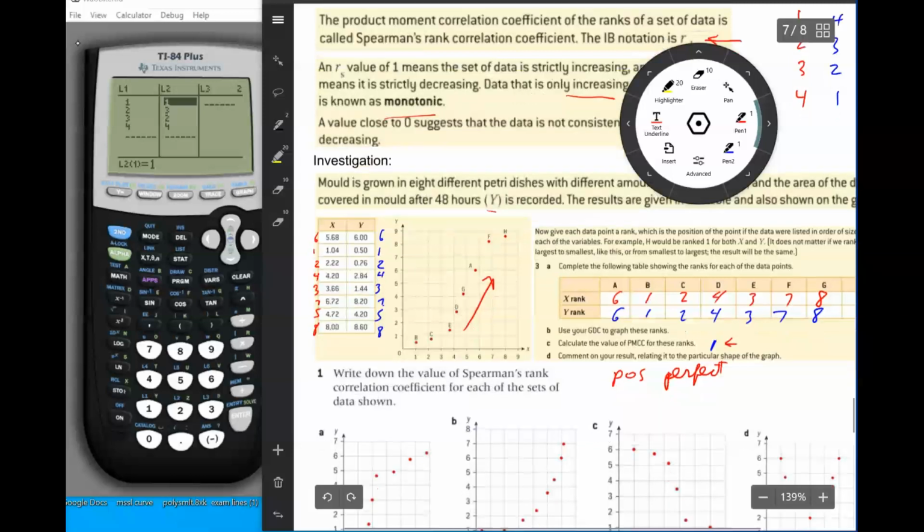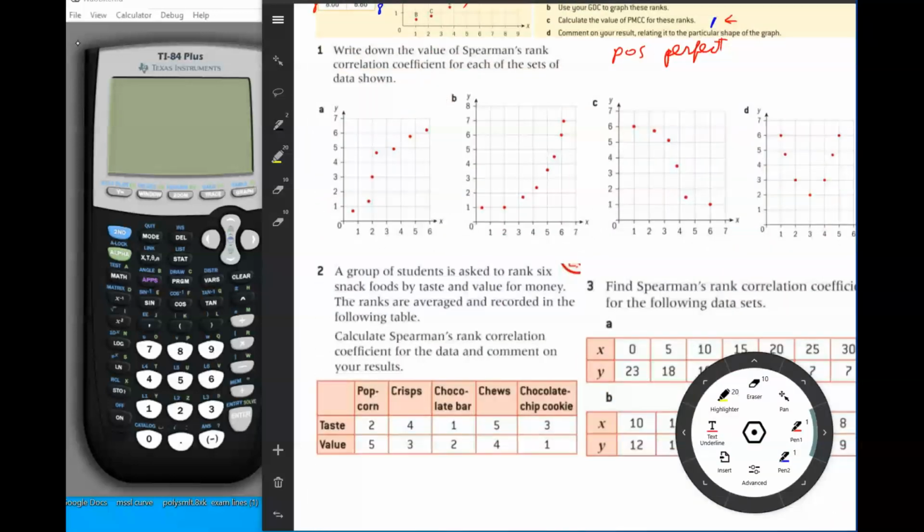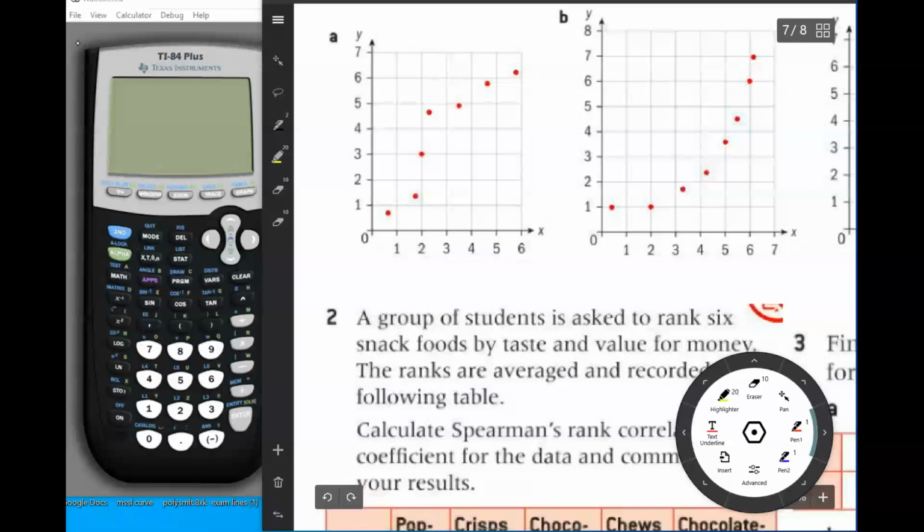Okay? Alright, so let's go to some of these other problems. Let's look at the data given in 1A, 1B, 1C, and 1D. They're all in kind of different shapes. The important thing here is we are going to look at the ranks of each of these values. So, for example, in 1A, if we number the x-coordinate of each one of these in a ranking of how they occur from left to right, it would just be 1, 2, 3, 4, 5, 6, 7, right?